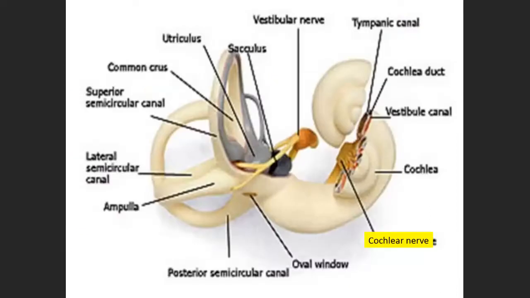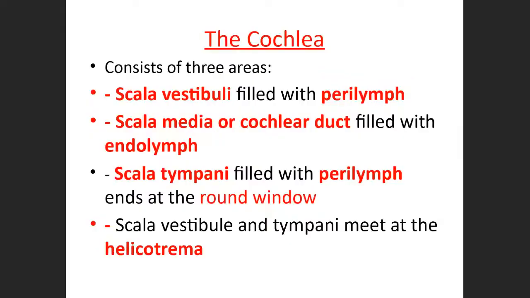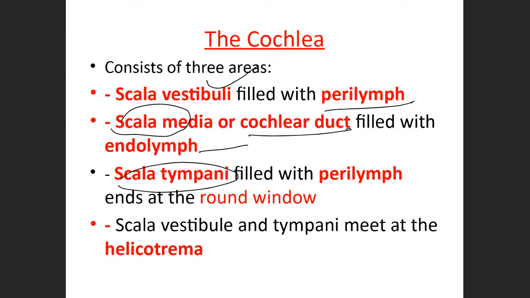Let's see if I can have, okay. This is the scala vestibuli, which has perilymph on top. The one inside is the scala media or cochlear duct, which has endolymph, and then the scala tympani, which has perilymph, and the round window. Helicotrema, I forgot that one. That one is the tip of the whole structure.